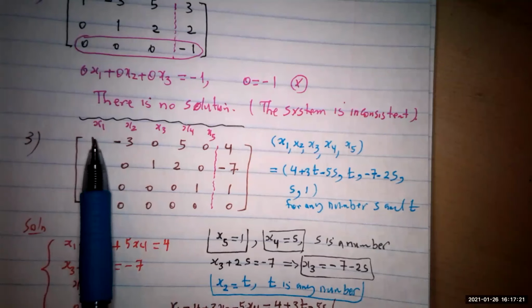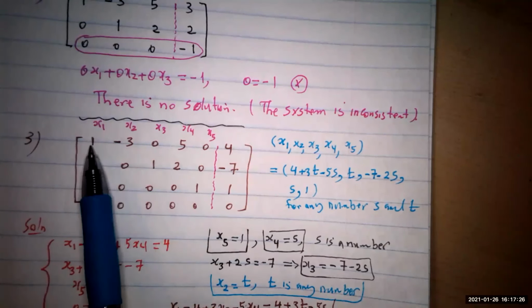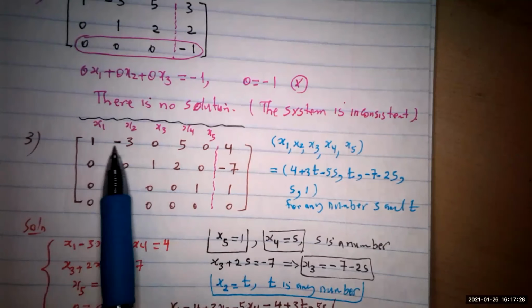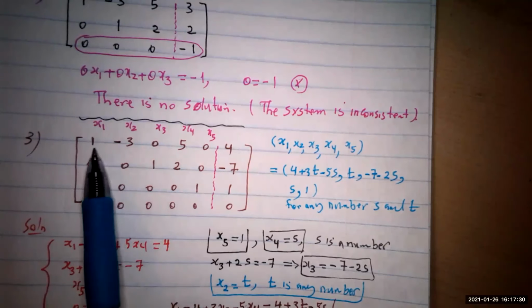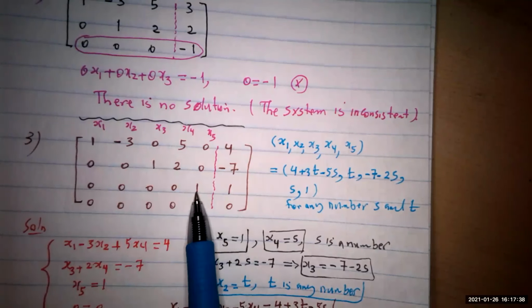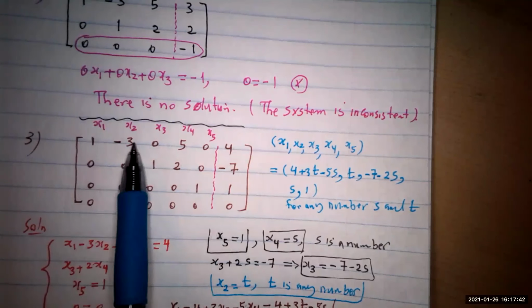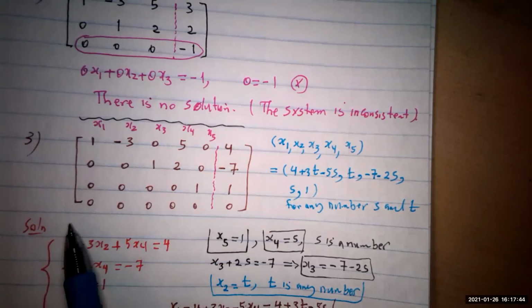Now, what's going to be the idea of the other one? The idea is, if a row starts with a non-zero number, this is the non-zero number, this is the non-zero number, and so on, because this row would contain all zeros. For the rest, there must be an order.